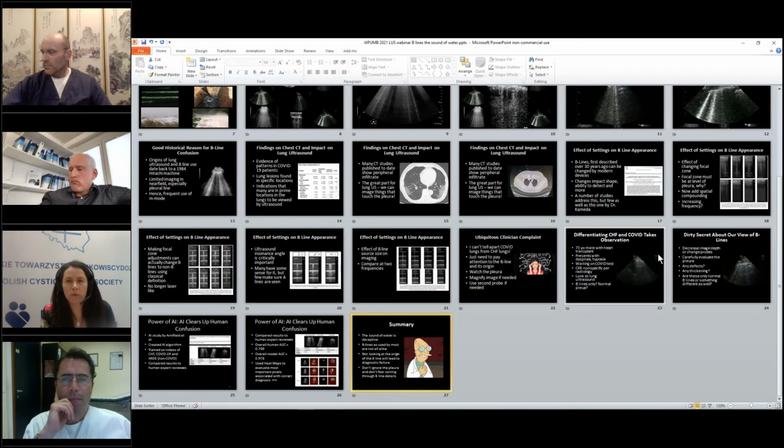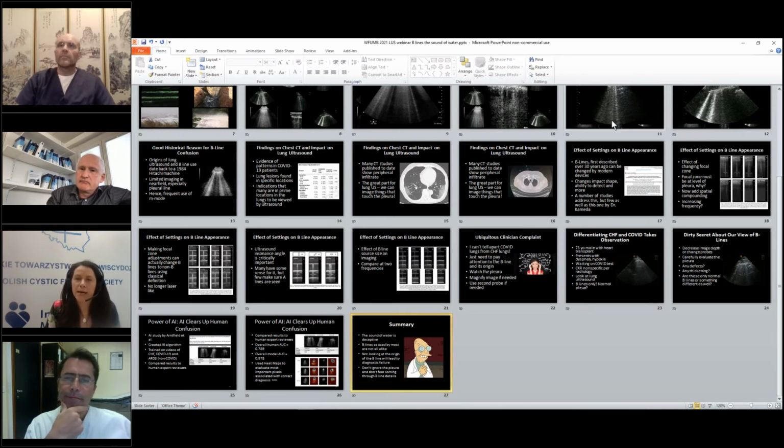So we use more descriptive elements. We also use those 12 zones, as Michael said, but we describe what we see, and we use anatomical descriptions to be able to compare. I am a pediatrician, pediatric pulmonologist, and I work together with a pediatric radiologist who also performs lung ultrasounds.